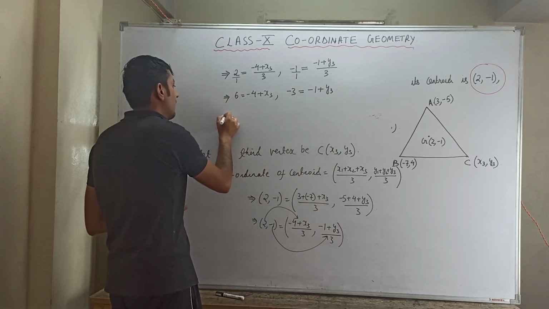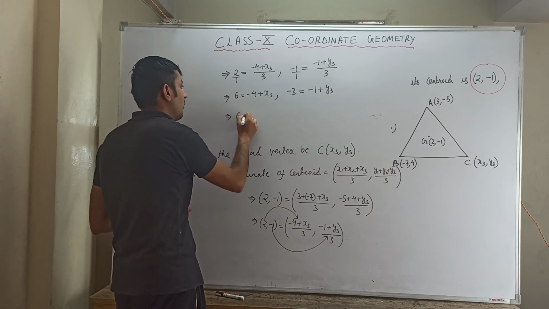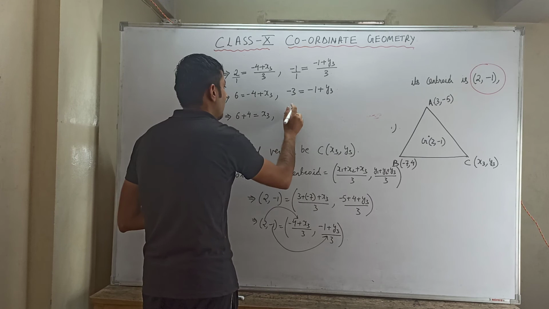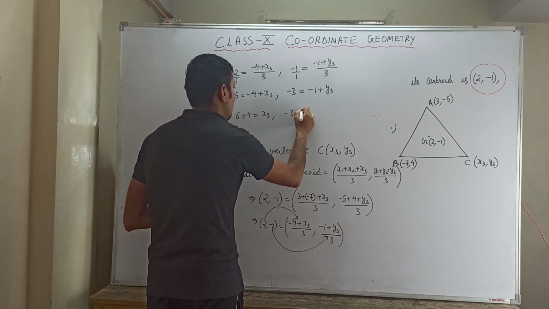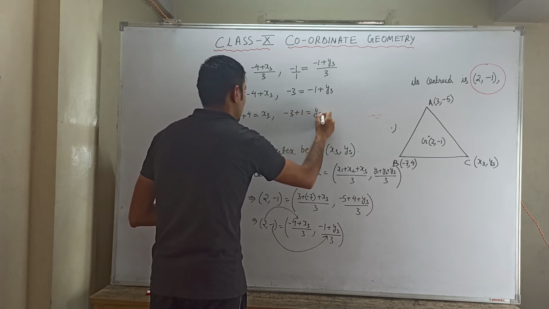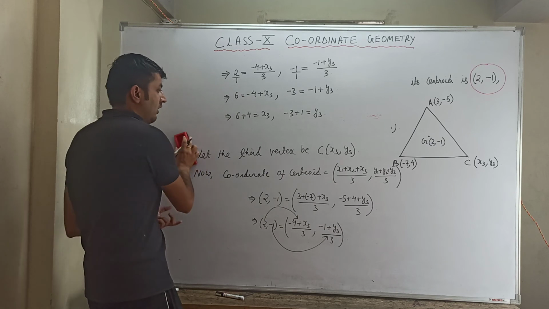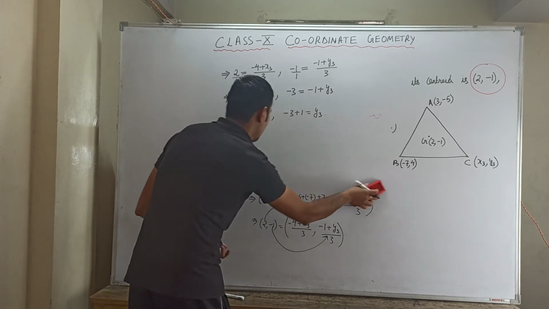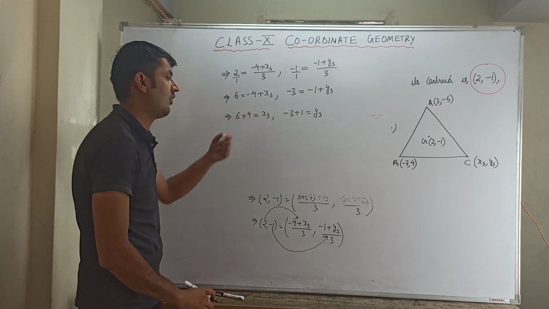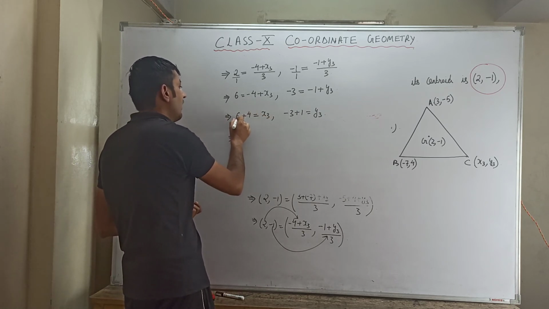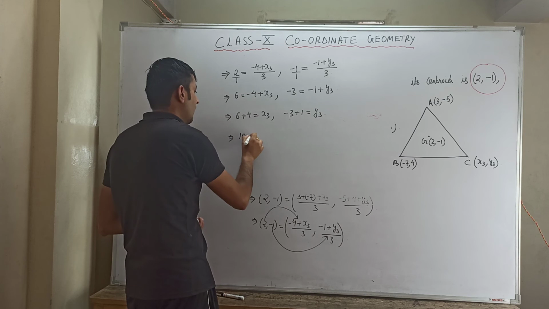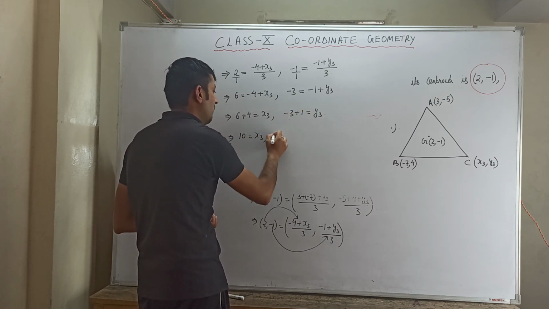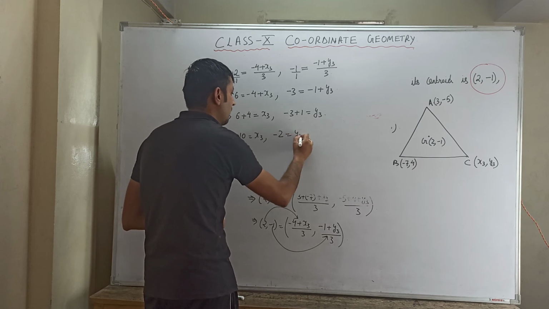So what does this imply? 6 plus 4 is equal to x3, and -3 plus 1 is equal to y3. You almost got the answer. 6 plus 4, 10, is equal to x3, and -3 plus 1 will be -2, equal to y3.